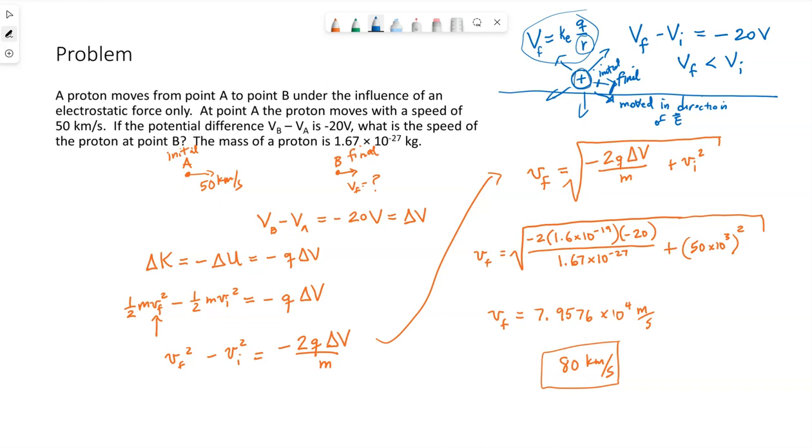Well, if this is a point charge, we know a proton is repelled and it should speed up as it moves farther away. So getting a final answer that's bigger, the 80 kilometers per second versus the 50, is a good thing. So this should be reasonable. It is good to make sense of that and just make sure speeding up or slowing down made sense in that situation.